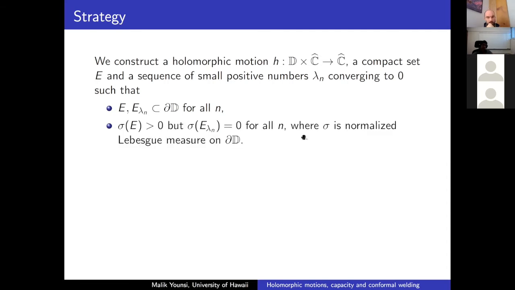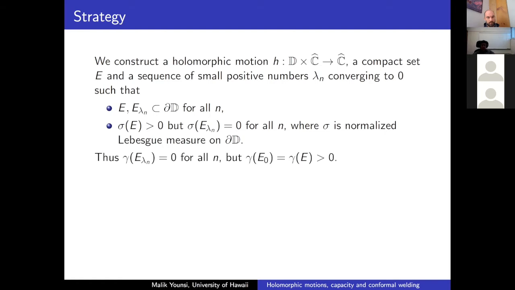And then the second condition: I'm going to construct the maps h lambda n to satisfy the following properties. I want the normalized Lebesgue measure of the set E to be positive on the circle, but whenever you apply any of those maps h lambda n, you get a set that has 0 Lebesgue measure.